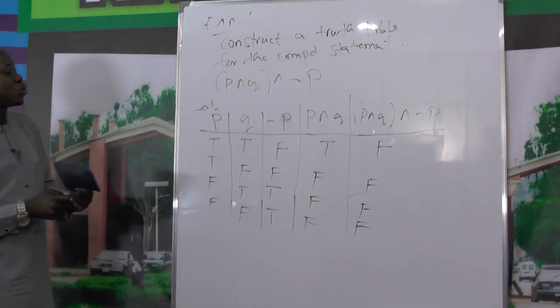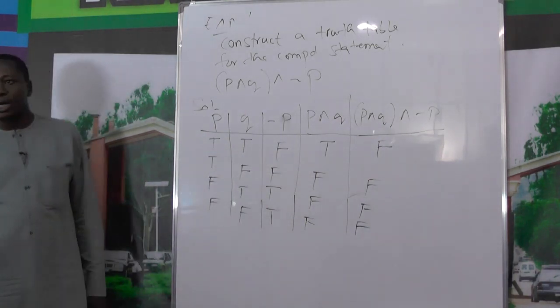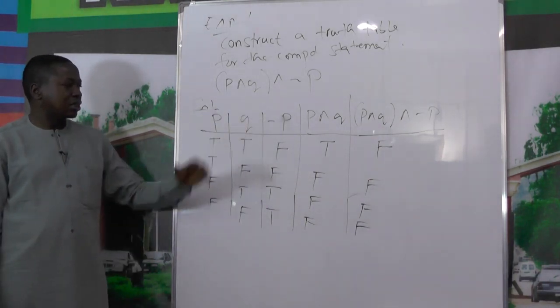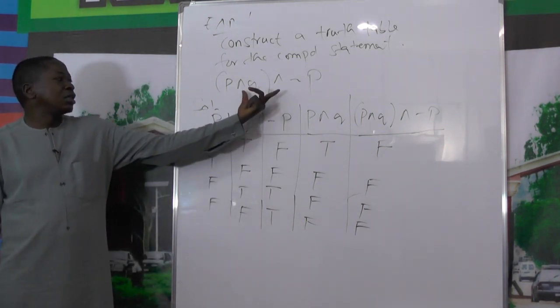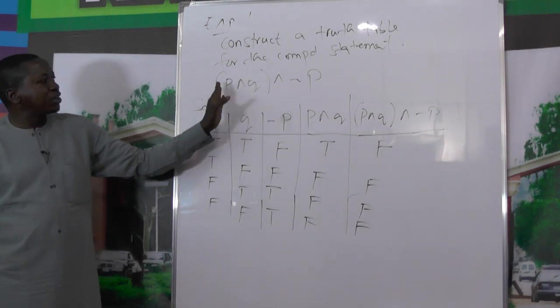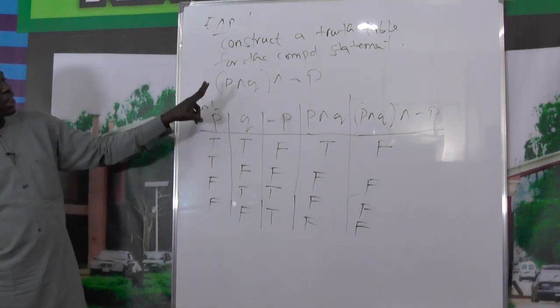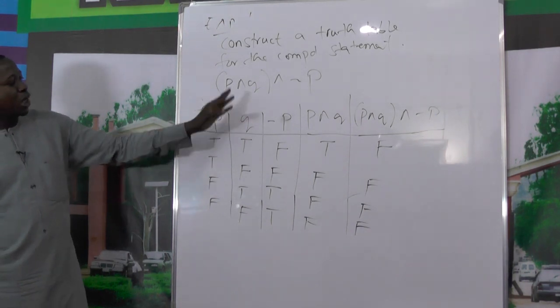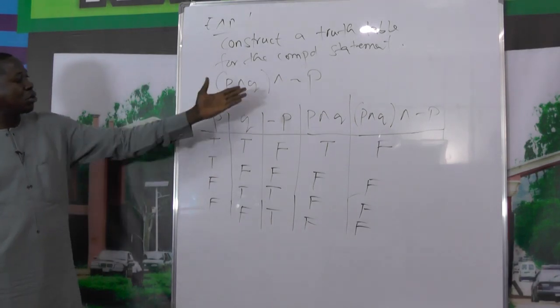So this one is what we call the derived truth table of a compound statement. This example is like this. If you are having a compound statement like this, you first of all check how many statements you have. In this case, we are having two statements, P and Q. So you now draw the table. You now check every piece of information you have in your statement.